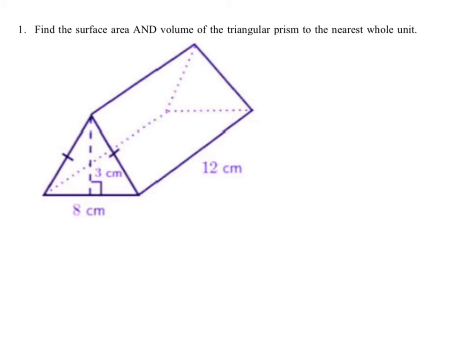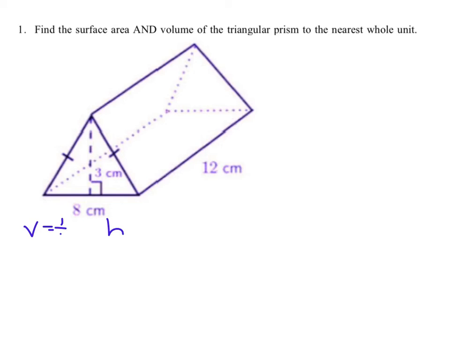Okay, so we've got the exact same thing here, but now we're finding the volume. So what we need to do for the volume, we've got the volume is equal to the area of the base times the height of the prism. But we have a particular formula for the area of this base, which is 1/2 base times height of the triangle, right?